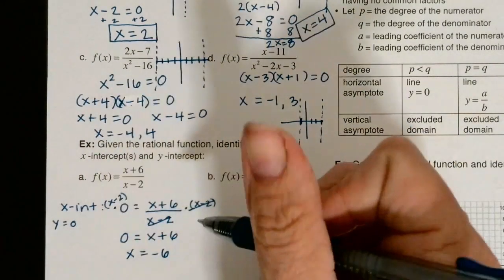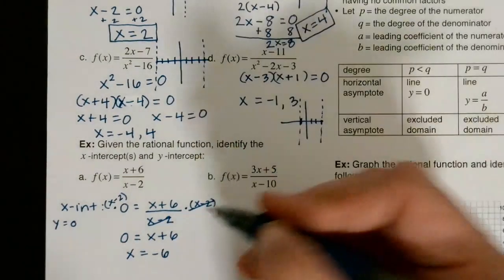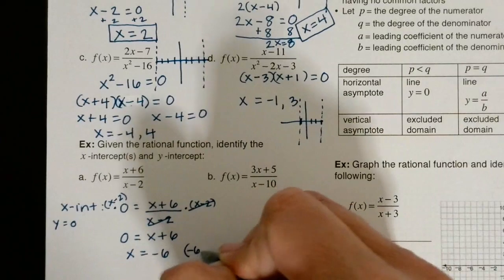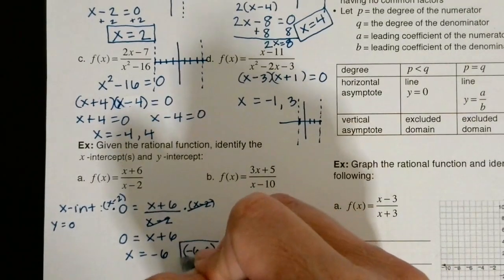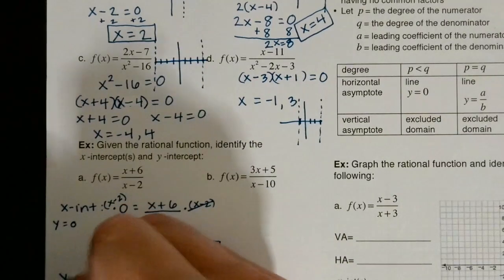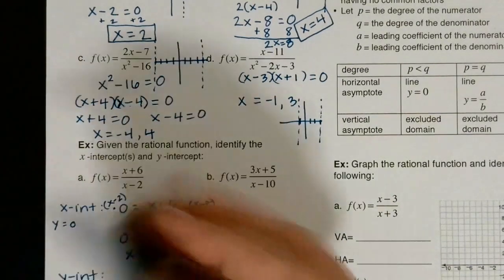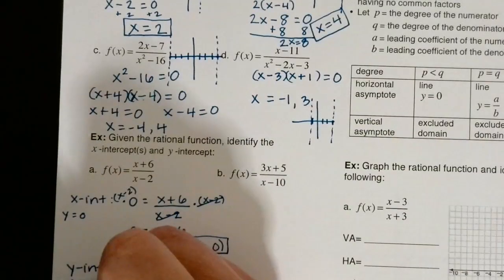So the x-intercept for this graph is negative 6, 0. So there's our x-intercept. And then to find our y-intercept, instead of letting y equal 0, we let x equal 0.